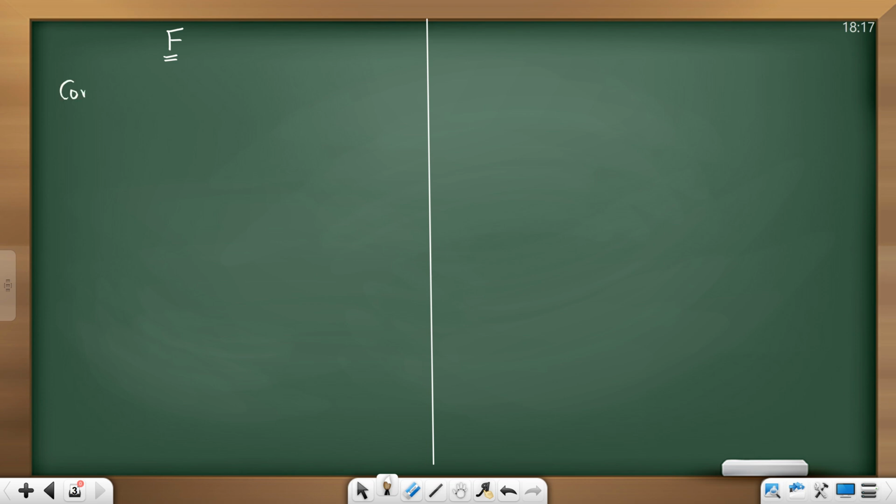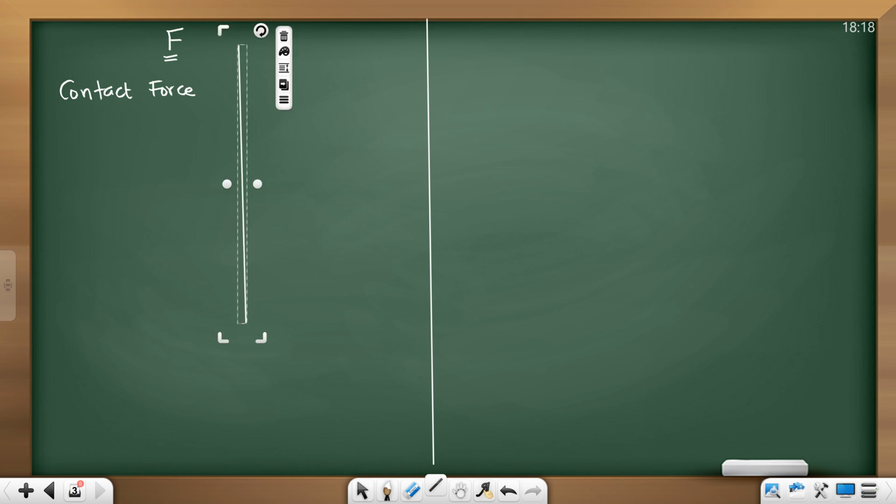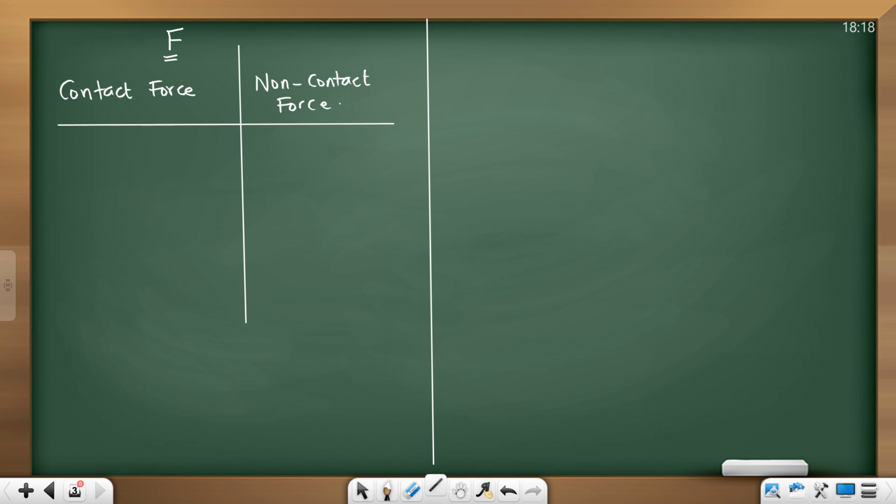Contact force and non-contact force. And just from the word contact and non-contact, contact means something that is touching. So let's go back to our grade 11.